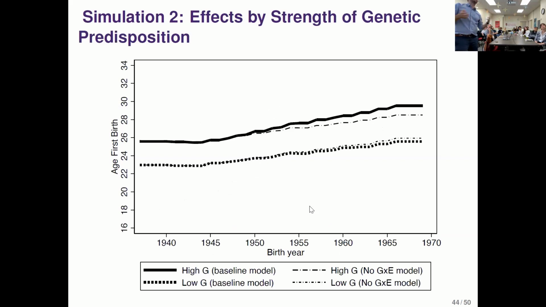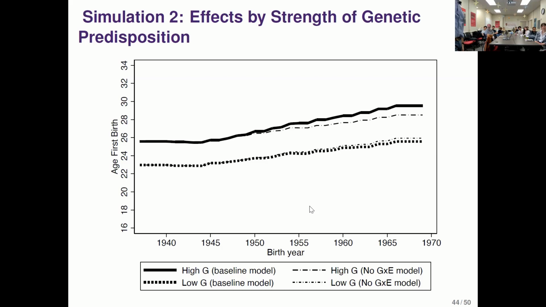We did another thing to understand where these gene-environment interaction effects are. These two large lines are the baseline model. Then we predict a value on the same model where we set the gene-environment interaction to 0.